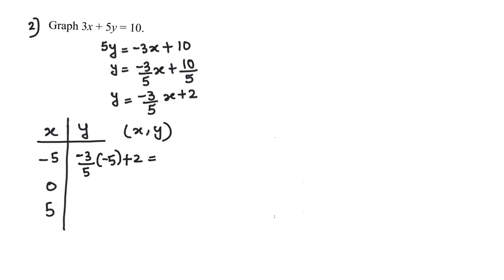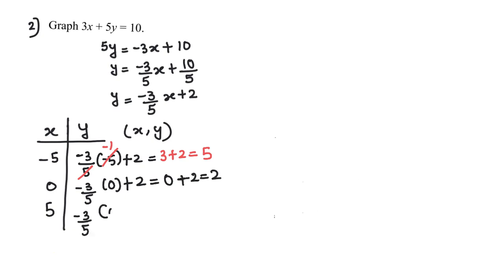So for -5, if you cancel you will get -1. -3 times -1 is 3, plus 2, that is 5. Then substitute 0. So -3/5 times 0 plus 2. 0 times any number is 0. 0 plus 2 is 2.